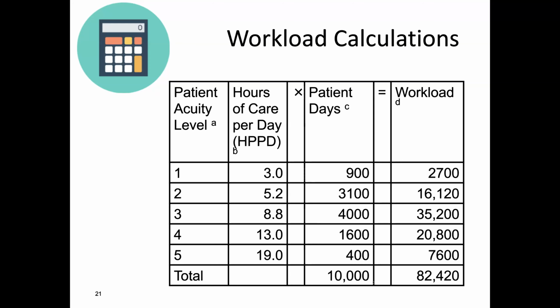Hours of care per day is the number of hours of care on average for a given acuity level. 1 patient per 1 day equals 1 patient day. So it goes up for patient hours, and then that equals the workload, the total number of hours of care needed based on the acuity level and the number of patient days. So you can see, I'm just going to leave it at that.